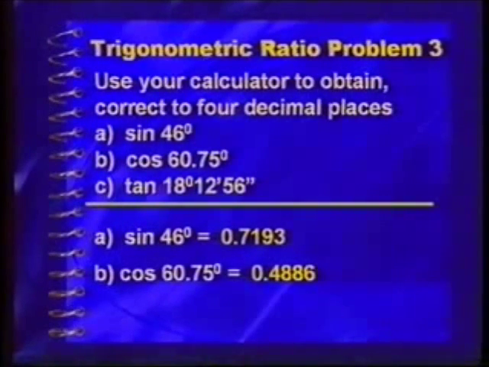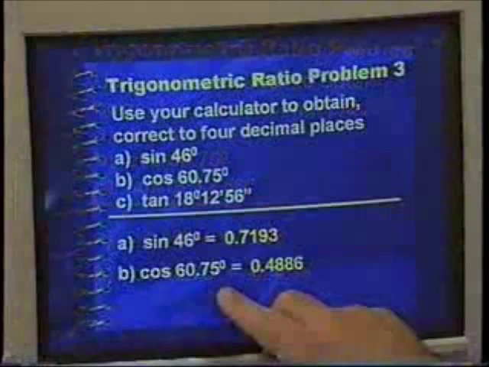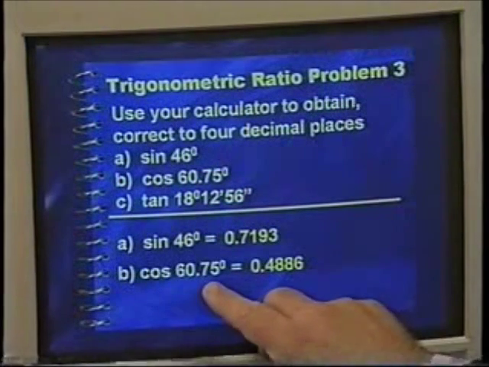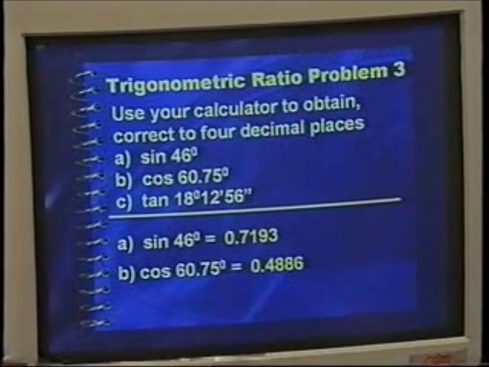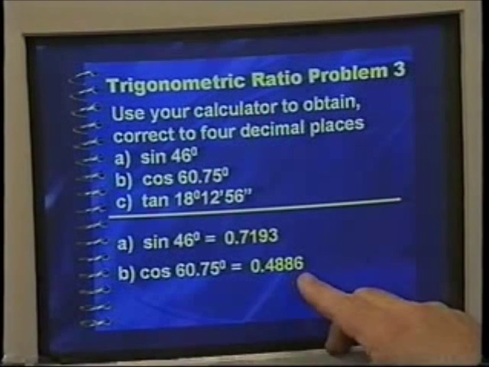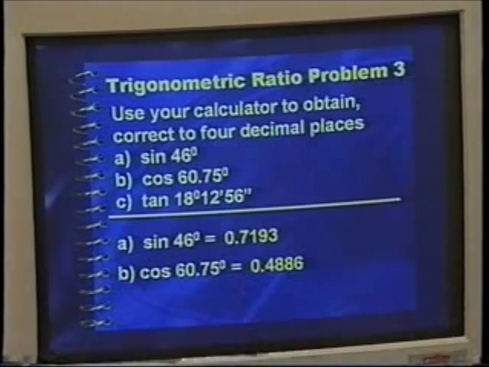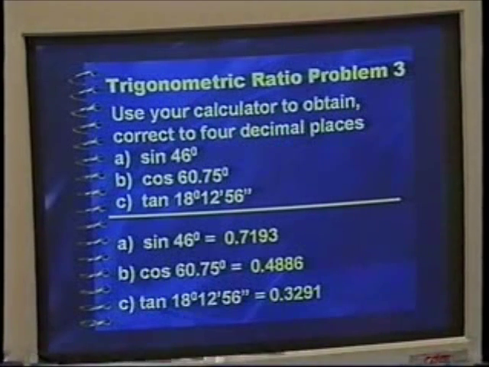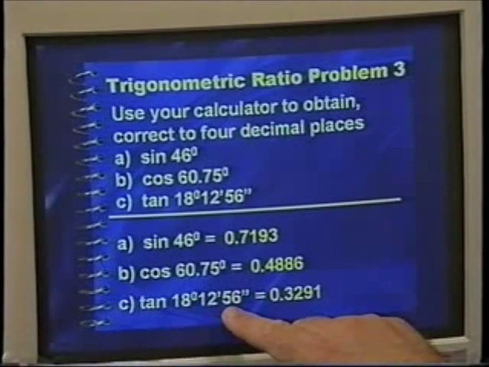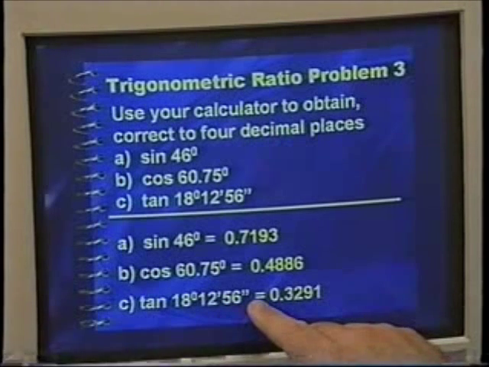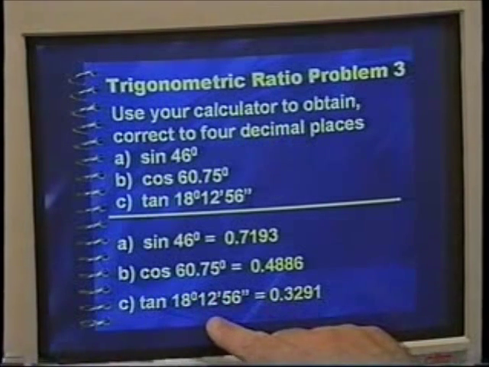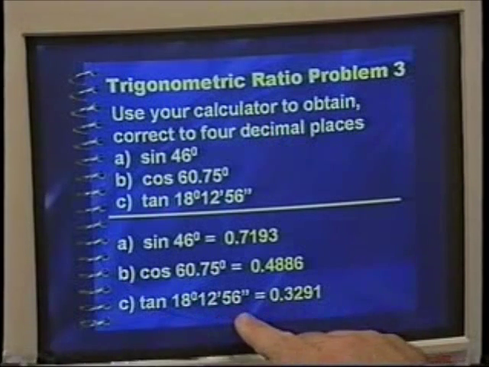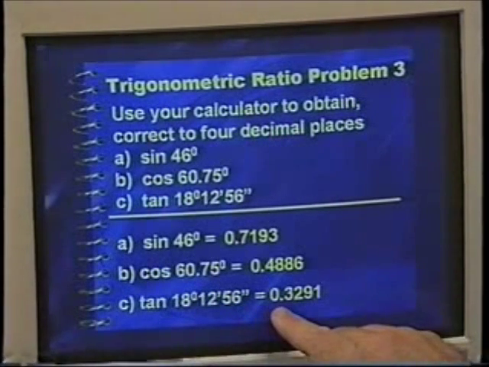The cos of 60.75 degrees, would be no problems there at all. You just use the decimal point, 0.75. And we notice that, by the way, it's very close to the cos of 60, which we previously found to be a half. Now, the tangent of 18 degrees, 12 minutes and 56 seconds need to be pressed in by using the minute and the second button on the calculator.